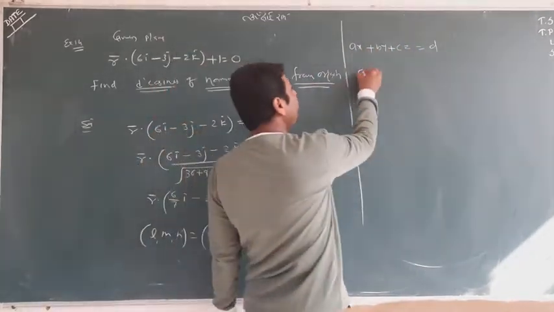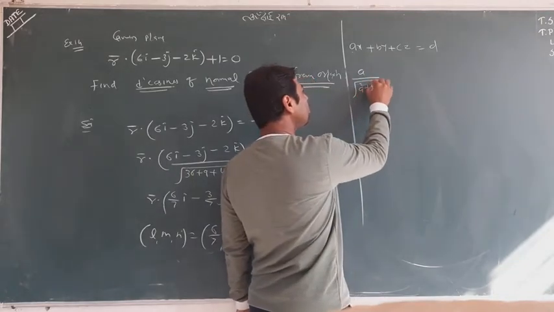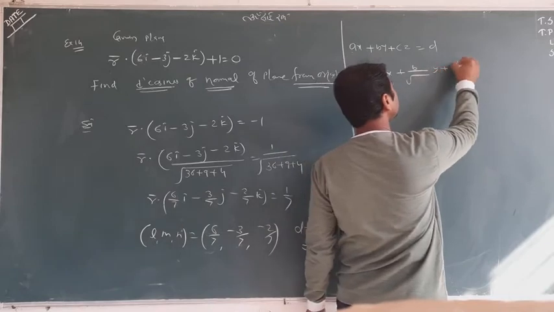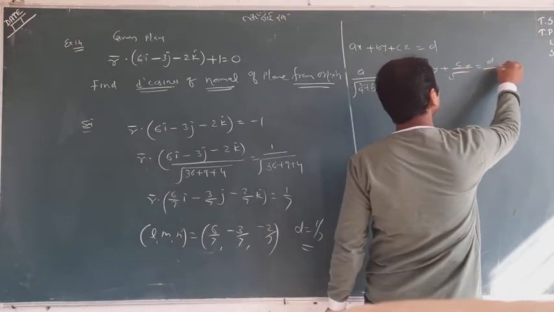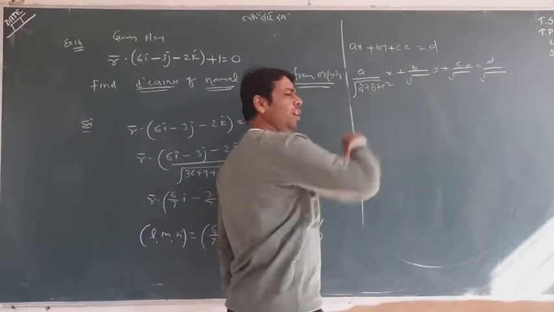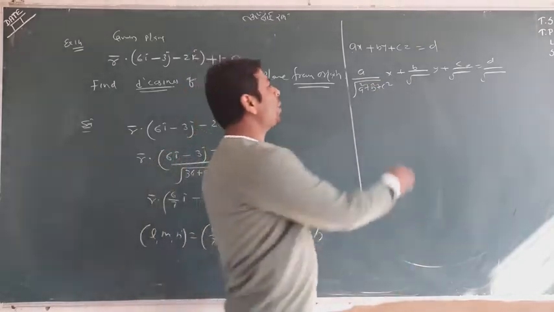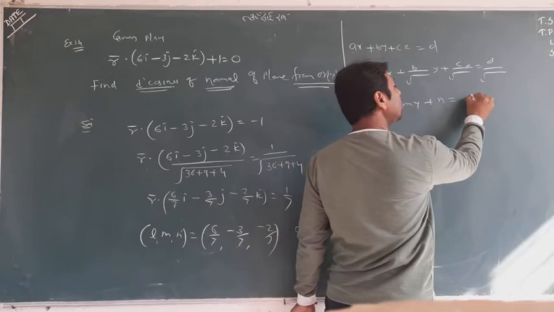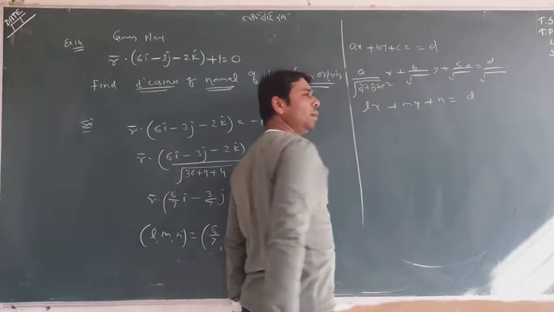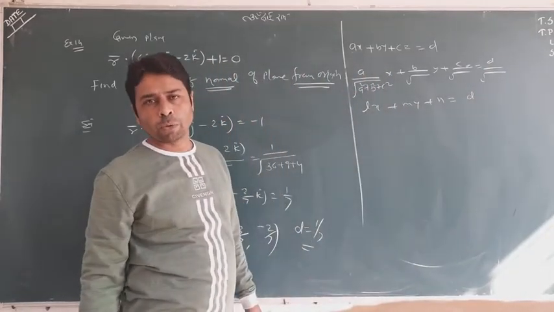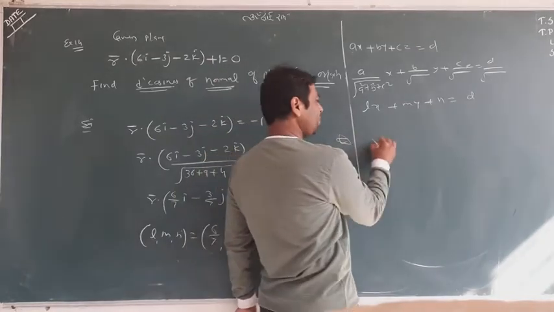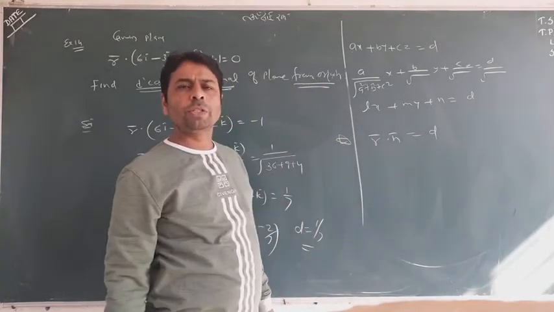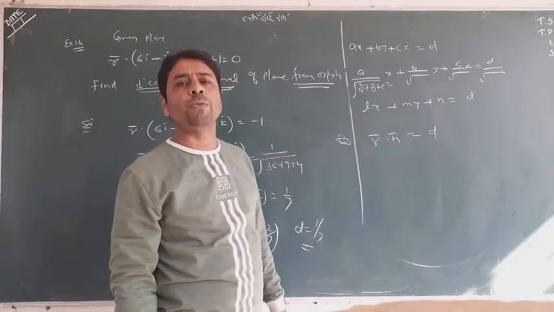If you divide by the square root of a square plus b square plus c square, it changes into normal form. This time it is going to be Lx plus My plus Nz equal to d, where d is the perpendicular distance of the plane from the origin point.